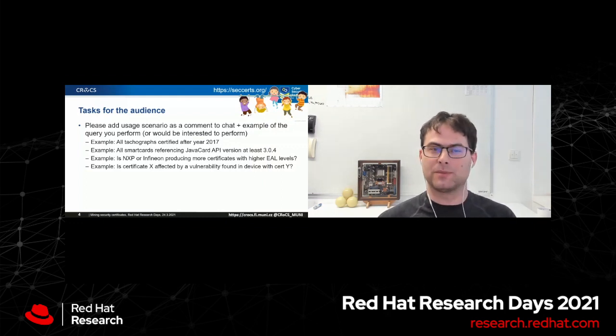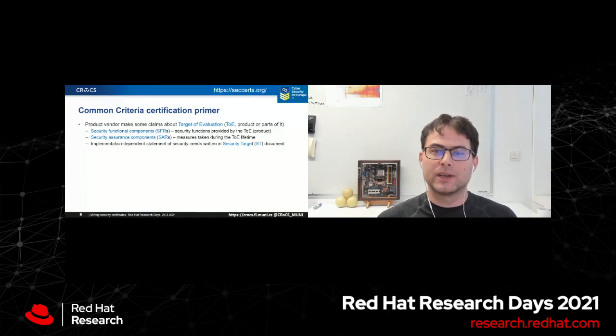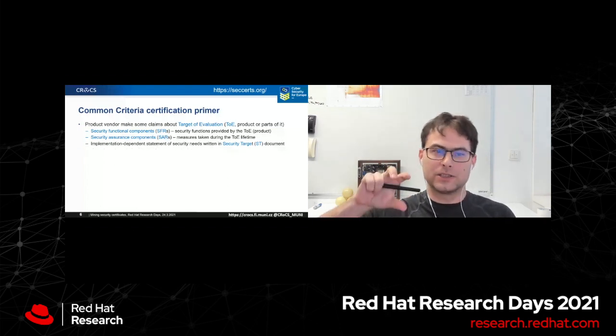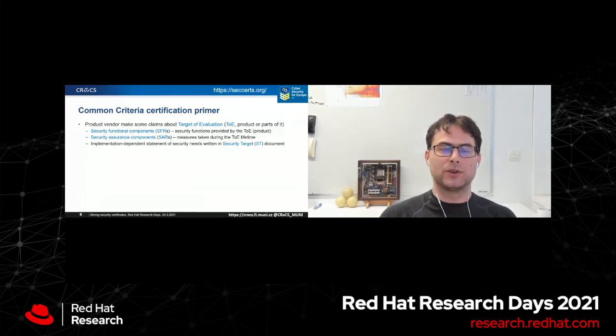So now let's start with a very short intro about Common Criteria certification. There is some vendor making a product and making some claims, not necessarily about the whole product, but more likely about the part of the product that is called the target of evaluation, TOE.